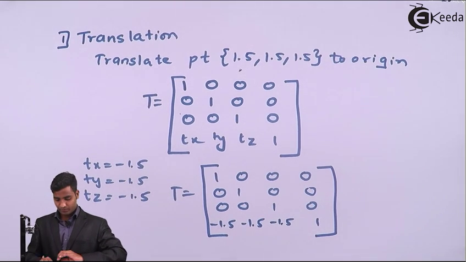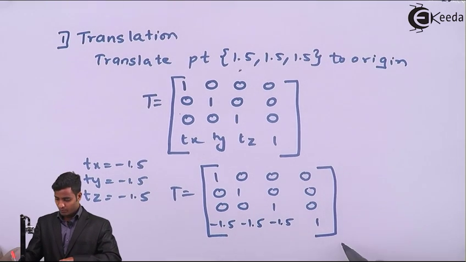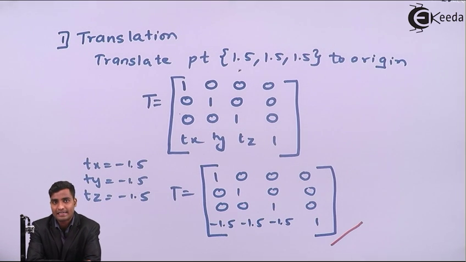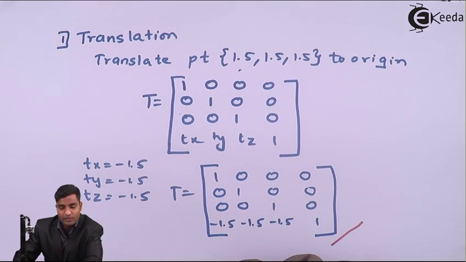So now we have successfully translated that point to the origin. Now we can easily perform the rotation transformation because the point has been brought to the origin.